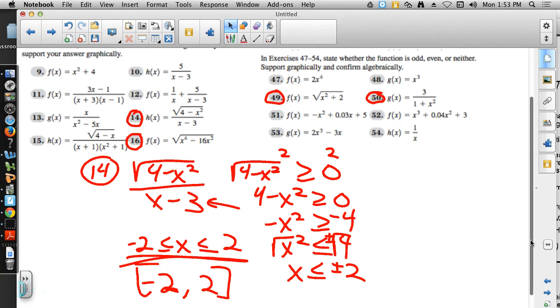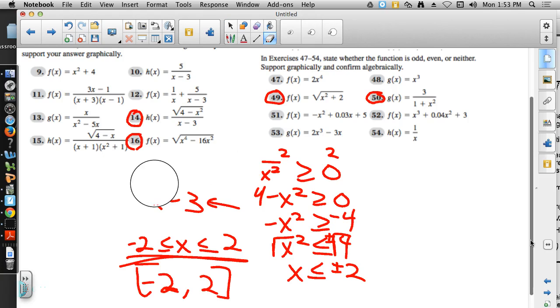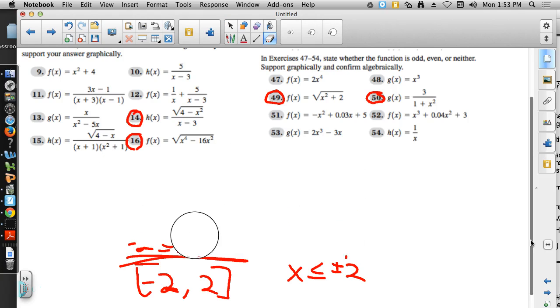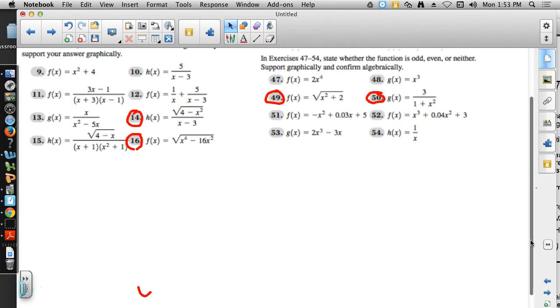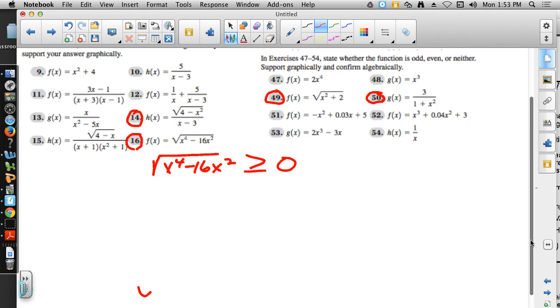Then number 16, we have the square root of x to the 4th minus 16x squared. And again, we need that to be greater than or equal to 0, so we'll know how to restrict the domain. So we would square both sides, and that would give us x to the 4th minus 16x squared is greater than or equal to 0. And then we can see that we can do some factoring.